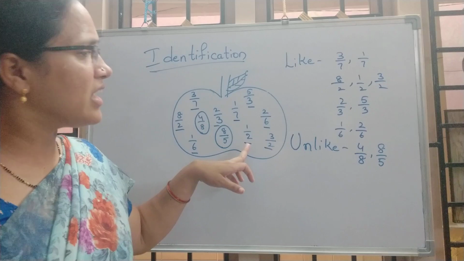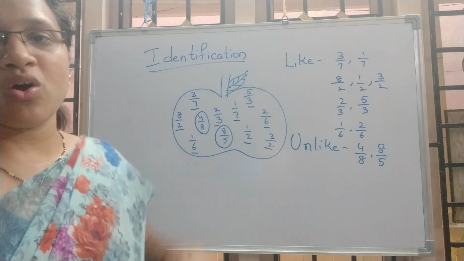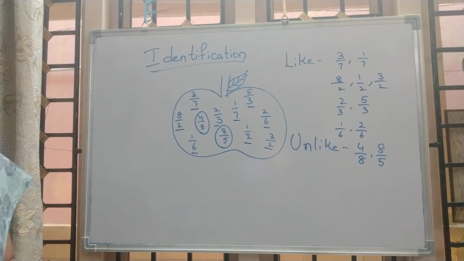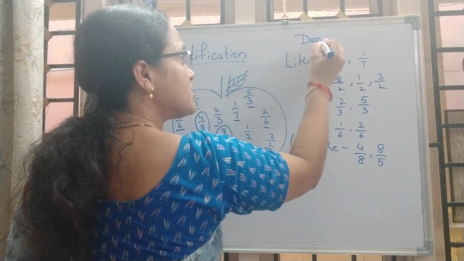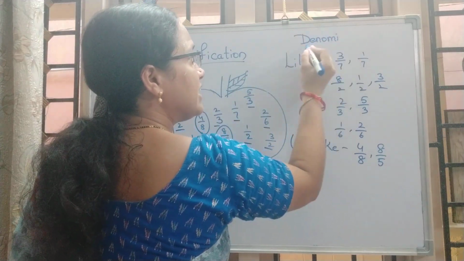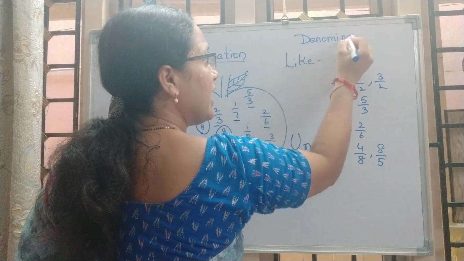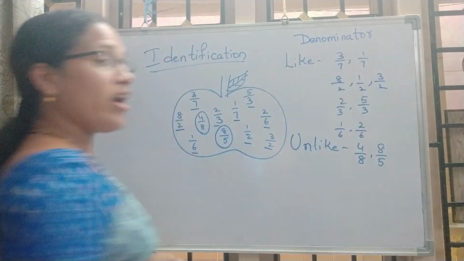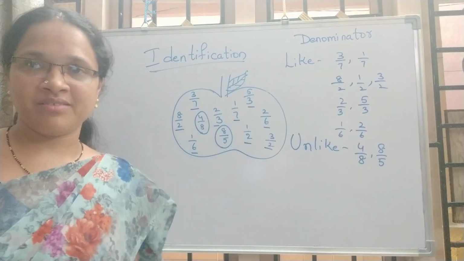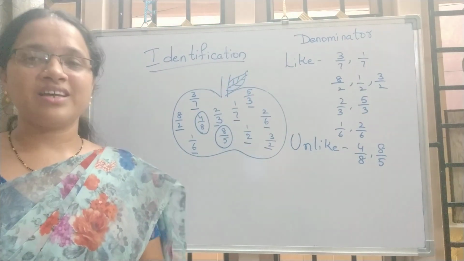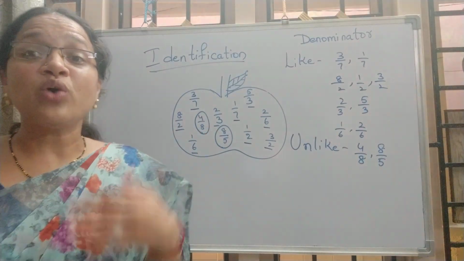That means they have at least one like fraction along with them. Yes or no? So according to the segregation of the denominator, like and unlike are segregated from this bag. Did you like it? Yes.